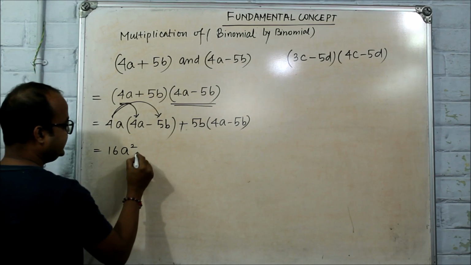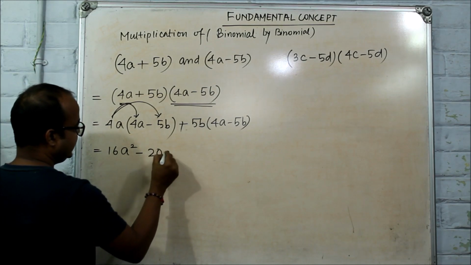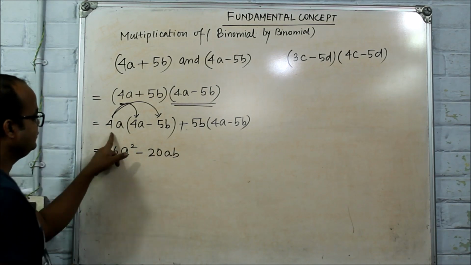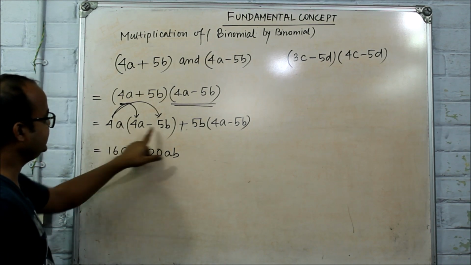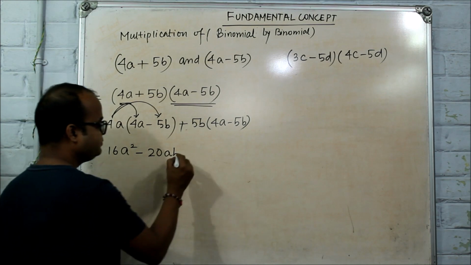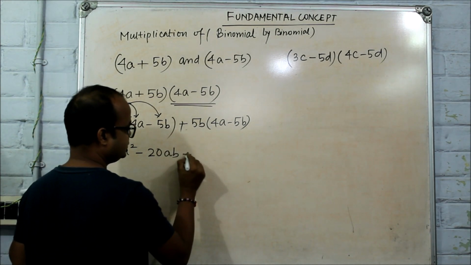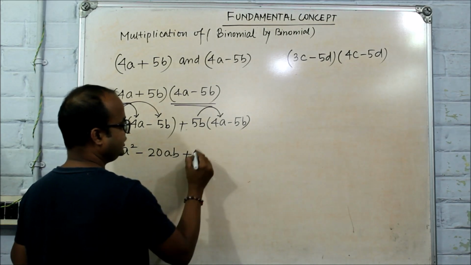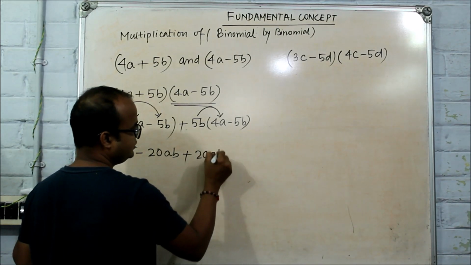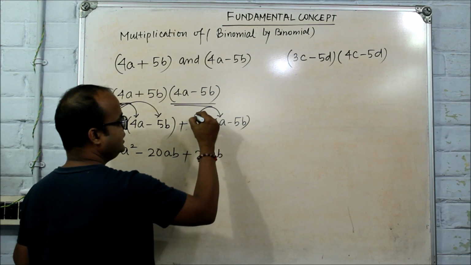4 5s are 20, ab, plus into minus is minus, 4 into 5, 20, a into b, ab. Now plus into plus, so sign will be plus, 5b into 4a, 5 4s are 20, ab, or you can write ba also.